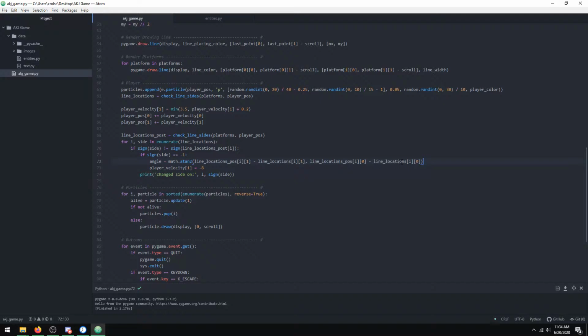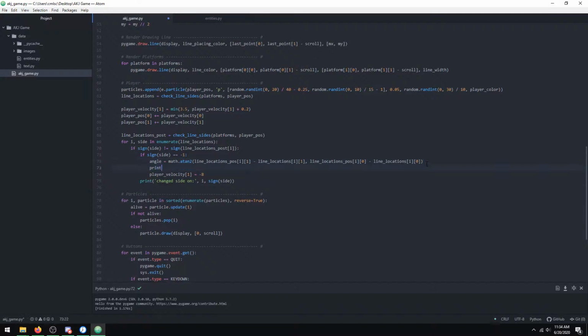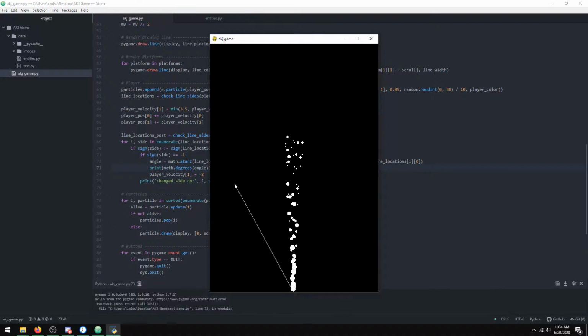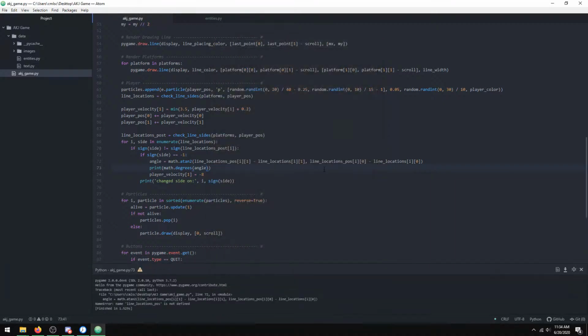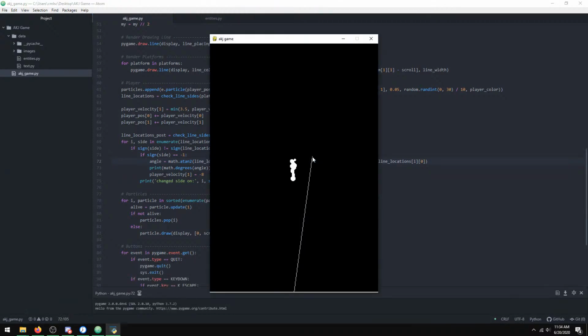I need to print math.degrees angle. I want to see what the angle is. Yeah, I keep writing pose instead of post.